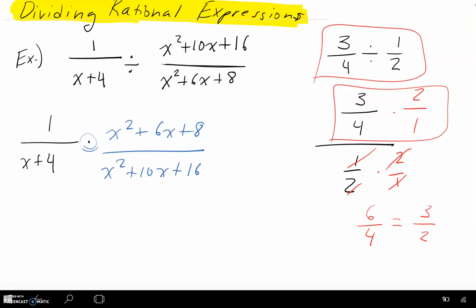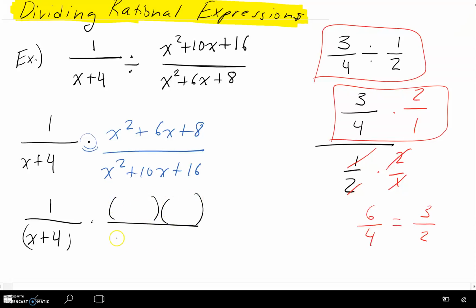So let's rewrite everything, but instead, let's factor the second fraction. So instead of x squared plus 6x plus 8, you know what? I have OCD.